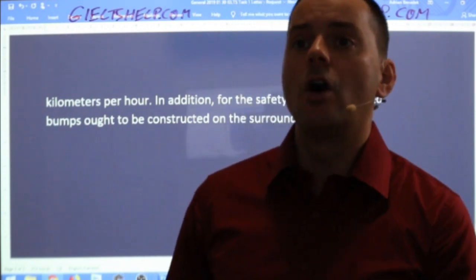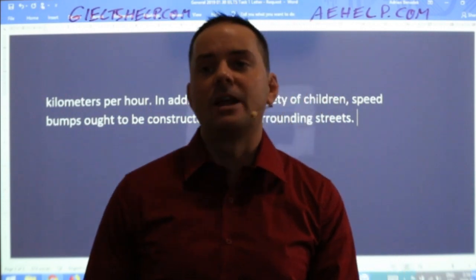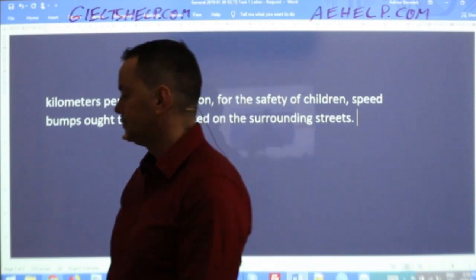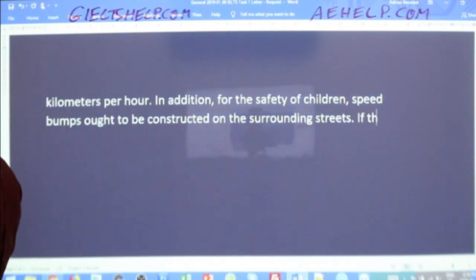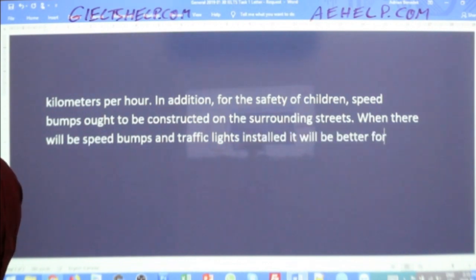When there are speed bumps and traffic lights installed, it is safer and better for residents as well as authorities. Okay, so when there will be speed bumps and traffic lights installed, it will be better for both residents and authorities.